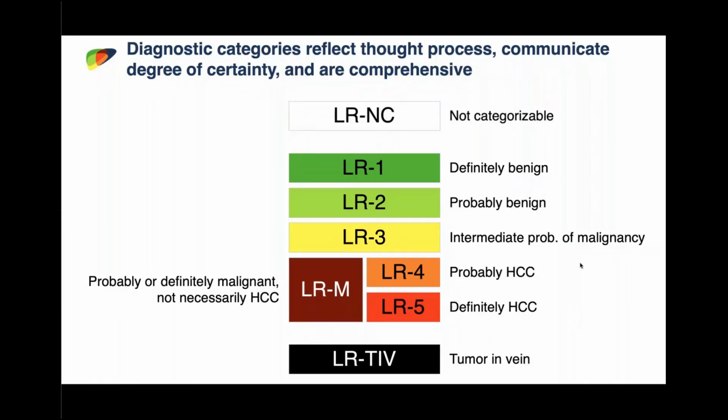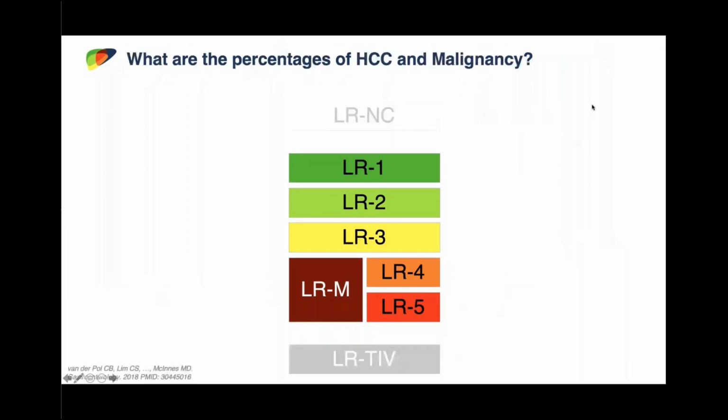And every once in a while, but very rarely, because images are degraded or images are missing, we simply cannot categorize an observation into one of these categories, and that's considered LR-NC for not categorizable.